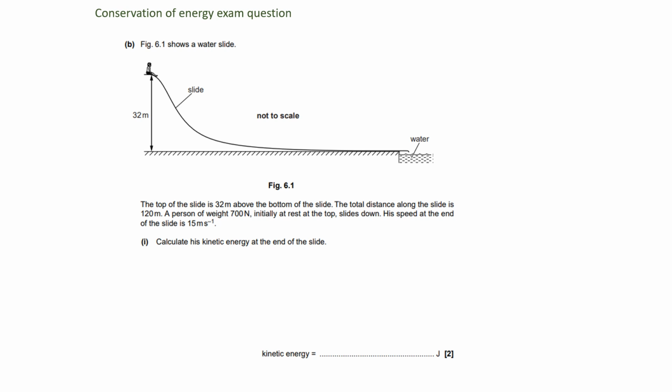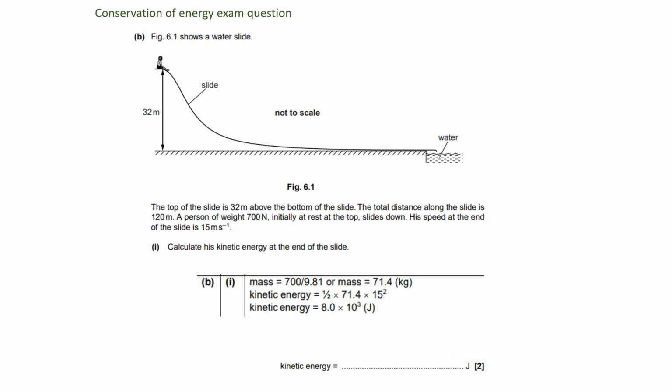Part 1: calculate his kinetic energy at the end of the slide. So to do this, we first of all have to calculate the mass from his weight. So we know that W equals mg. We're given W, so m is equal to W over g. So 700 divided by 9.81, and that gives 71.4 kilograms.